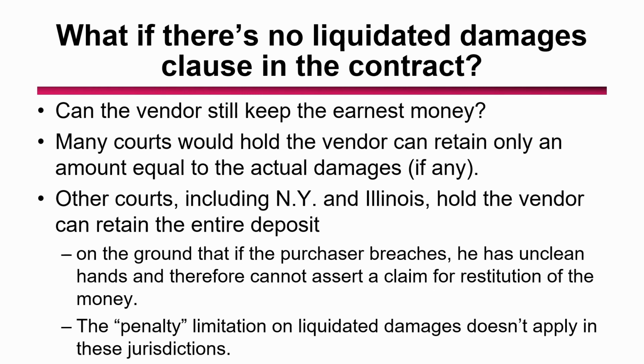By the way, for this reason, some writers have asserted that in states like New York, it actually makes sense for a vendor not to include any mention of liquidated damages, because that may actually limit how much they can retain, whereas without the clause, they can keep the entire earnest money.